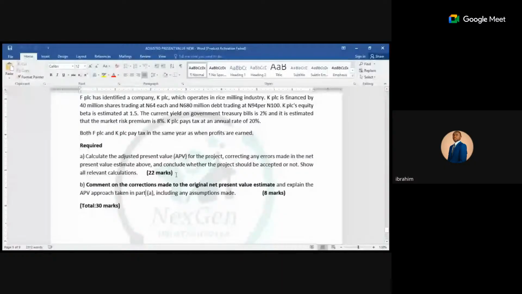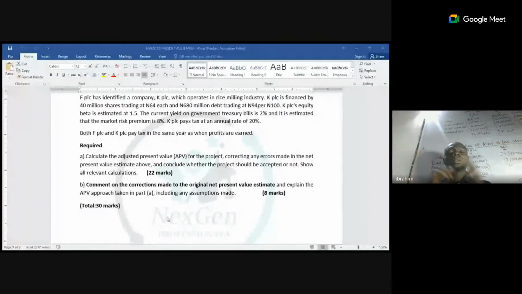Now, when you see a question like this on strategic financial management, the first thing you need to do, you don't need to rush to solve the question.